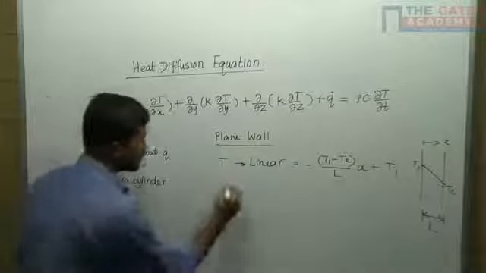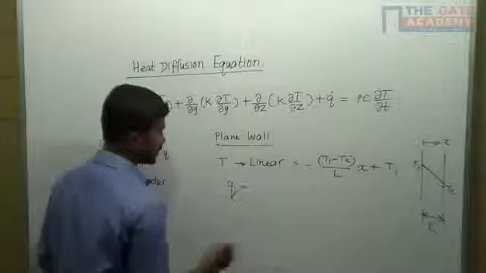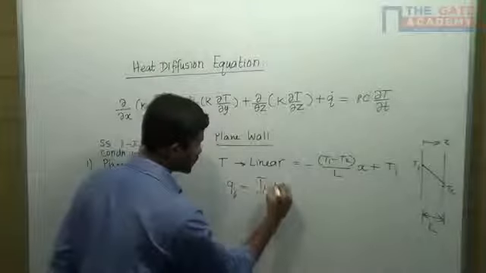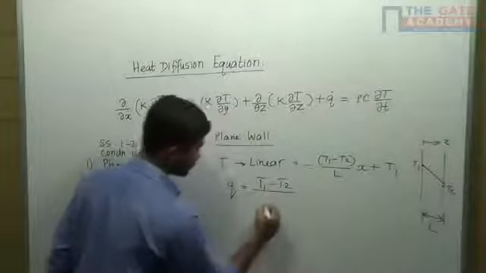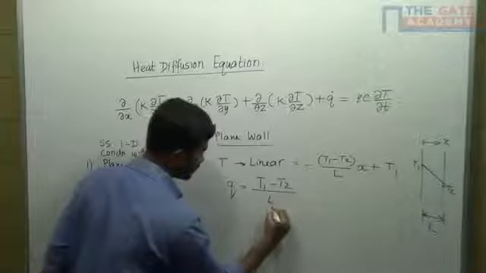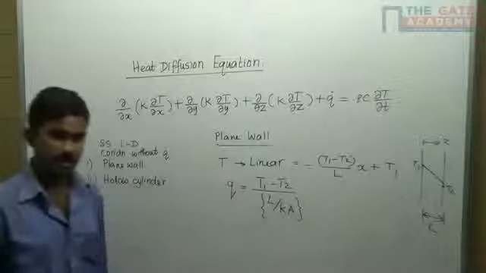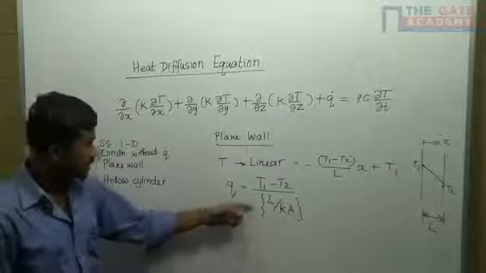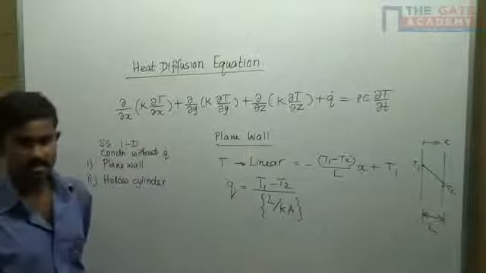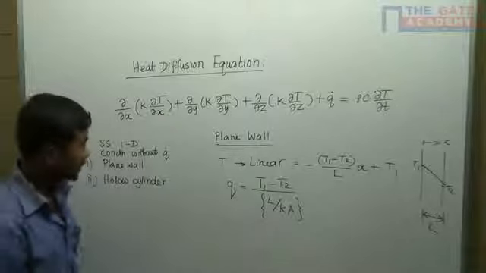Then we derived the heat transfer rate: Q = (T1 - T2) divided by L by kA. I called this the thermal resistance of the plane wall.